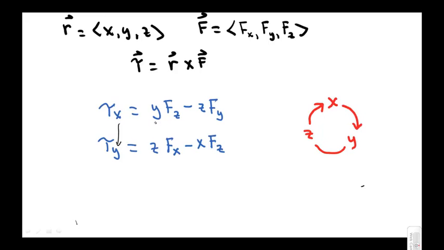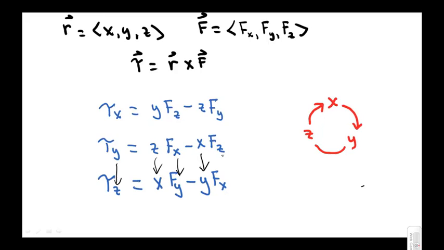And on the right-hand side, y is replaced by z, F sub z is replaced by F sub x, z is replaced by x, and F sub y is replaced by F sub z. To get the z component of the torque, starting from the y component, we do the same thing. So, in this case, t sub y goes to t sub z, z goes to x, and so forth.